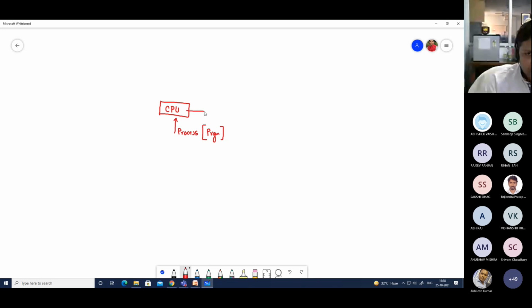The CPU has a program counter register, as we all know. The program counter gives you the address of the next instruction to be fetched. The program counter gives this address, and the CPU generates a logical address.